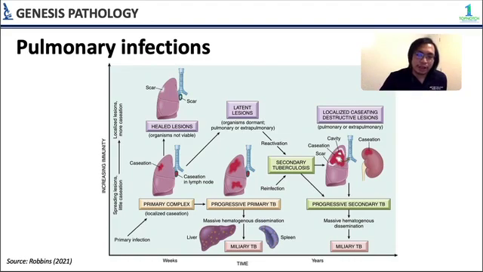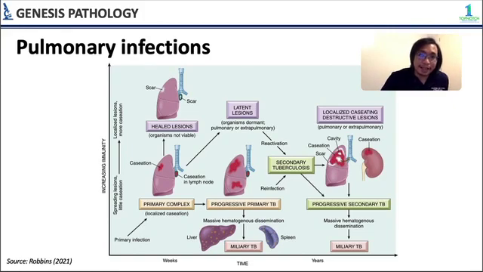Okay? Then you can progress to progressive primary TB and magkaroon ng hematogenous dissemination and cause miliary TB, usually sa mga immunocompromised na yan.